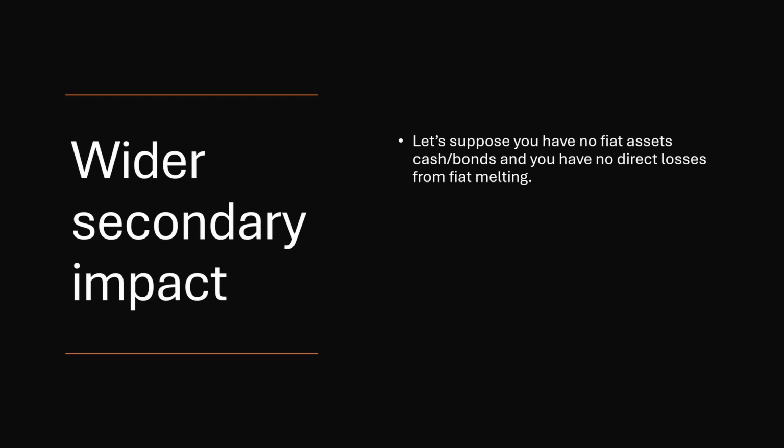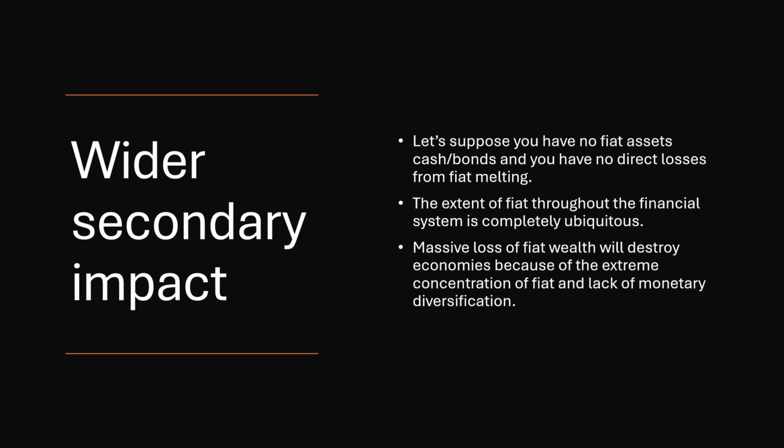And so if you're not involved, as I said, let's suppose you have no fiat assets, you have no direct losses. As I said, the extent of fiat means that with the other side of the economy being melted, it's just going to break down. It's just like your car.